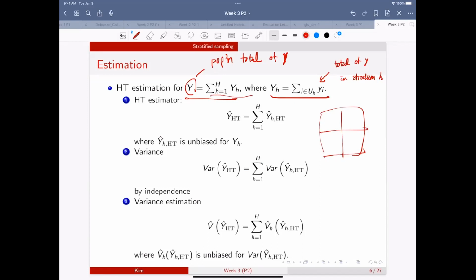Then the total estimator could be the sum of the subpopulation total estimators. That's basically what it is.